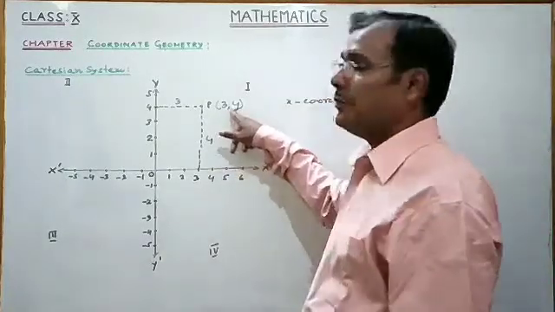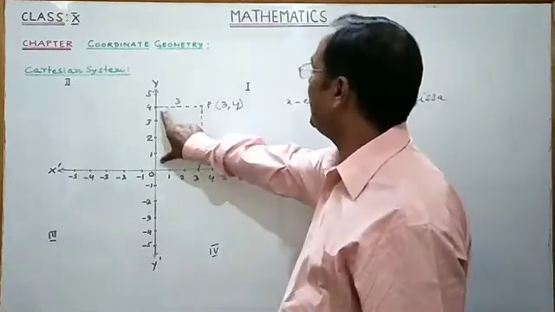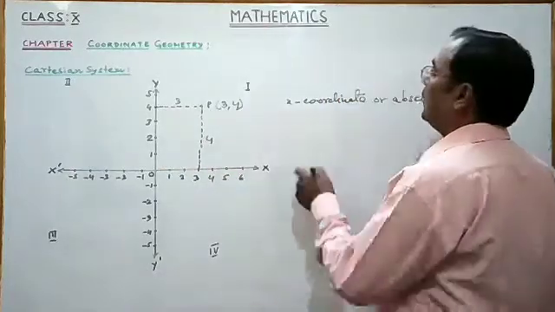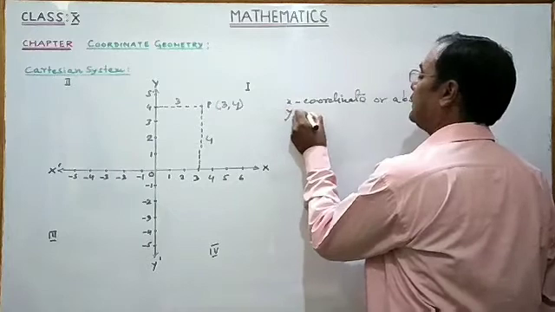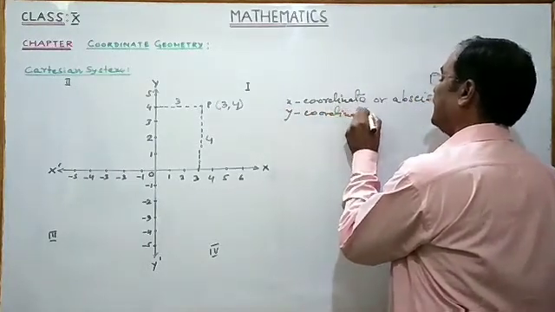Second, the number 4 is the distance of this point P on the y-axis. So this second number 4 is called the y coordinate of the point.